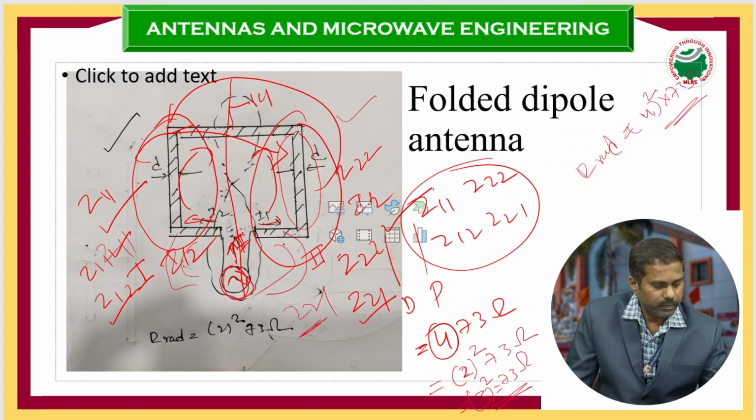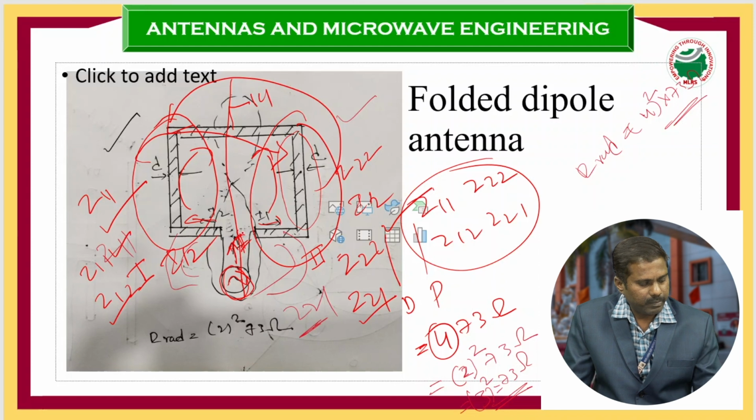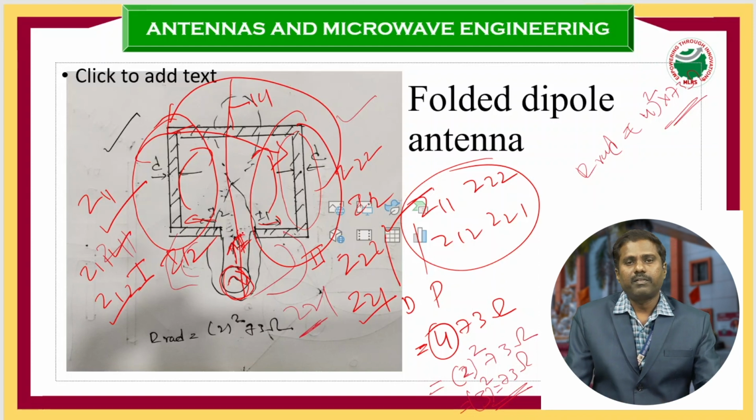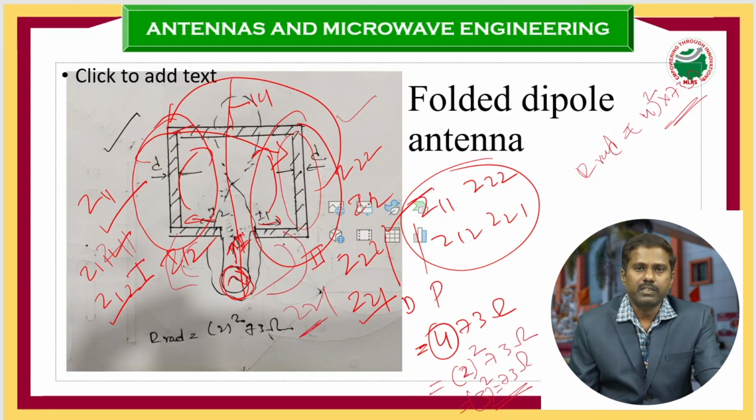And now discussing microwave tubes. The VHF and UHF, that means very high frequencies and ultra high frequencies, and their antennas, that means the Yagi antenna and the paraboloid, come under VHF and UHF.